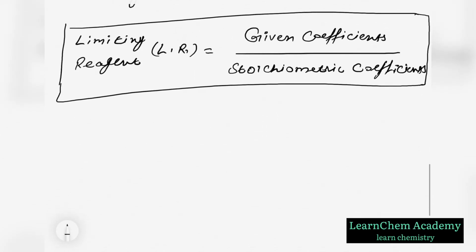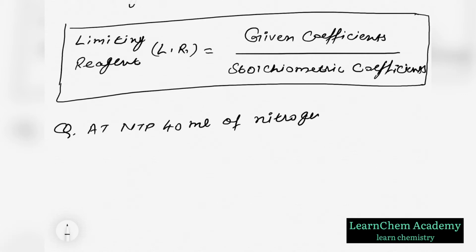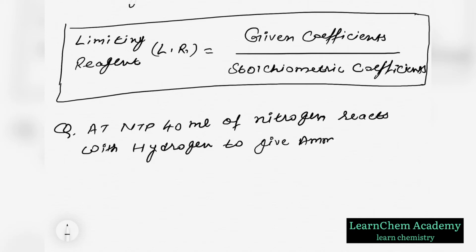So we can take an example. At NTP, 40 ml of nitrogen reacts with hydrogen to give ammonia.